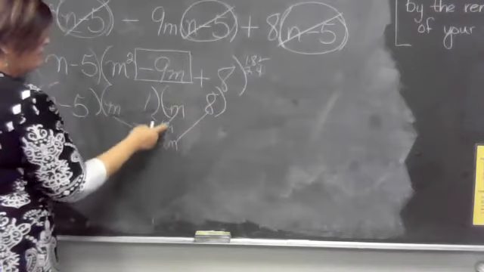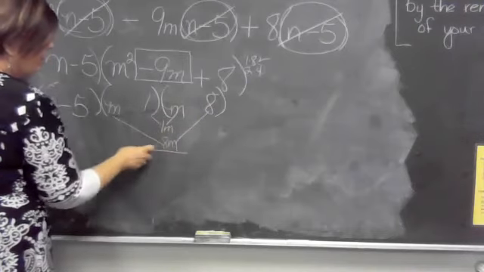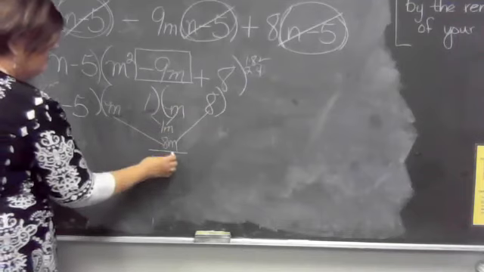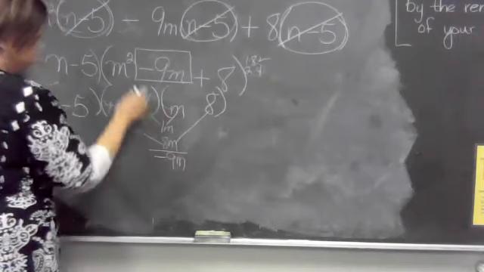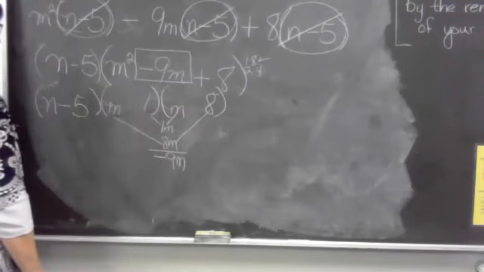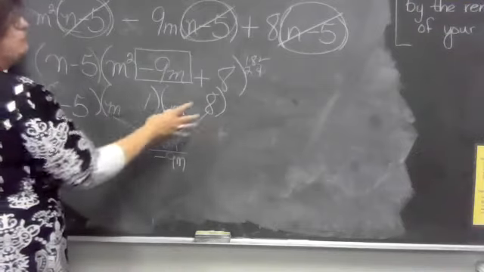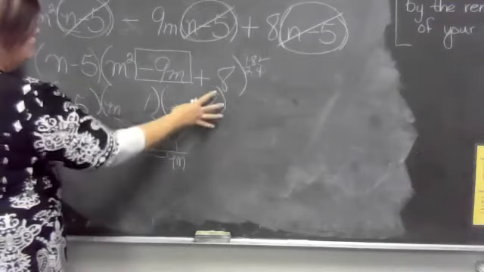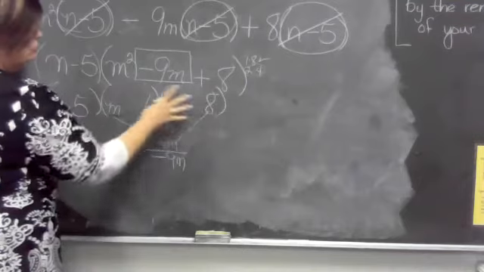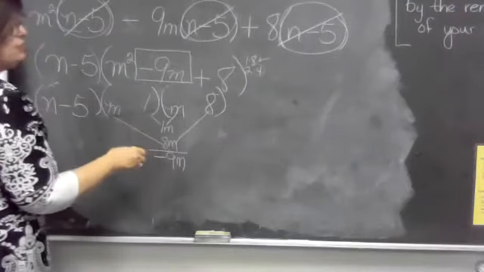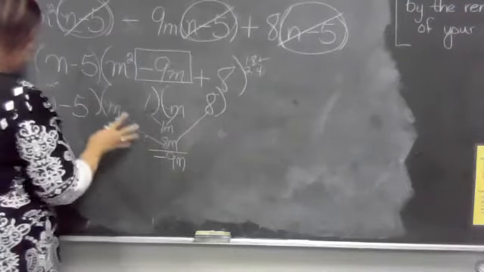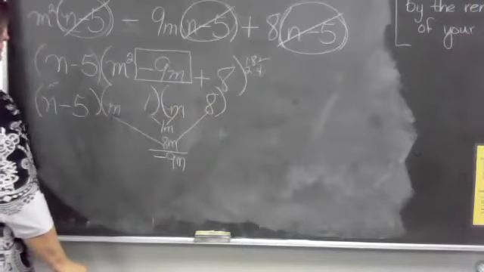And I need to add these together somehow to get a negative 9M because I have to get the middle term. Now, again, if these steps right here are confusing, there are 2, maybe 3 YouTubes dealing with these steps, and I explain them further.